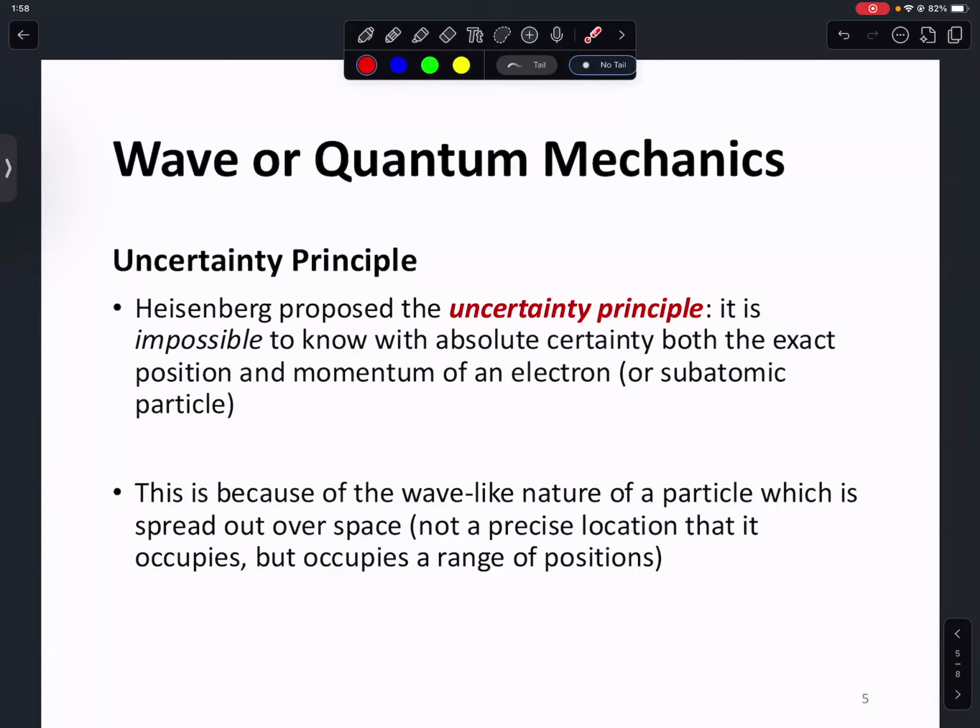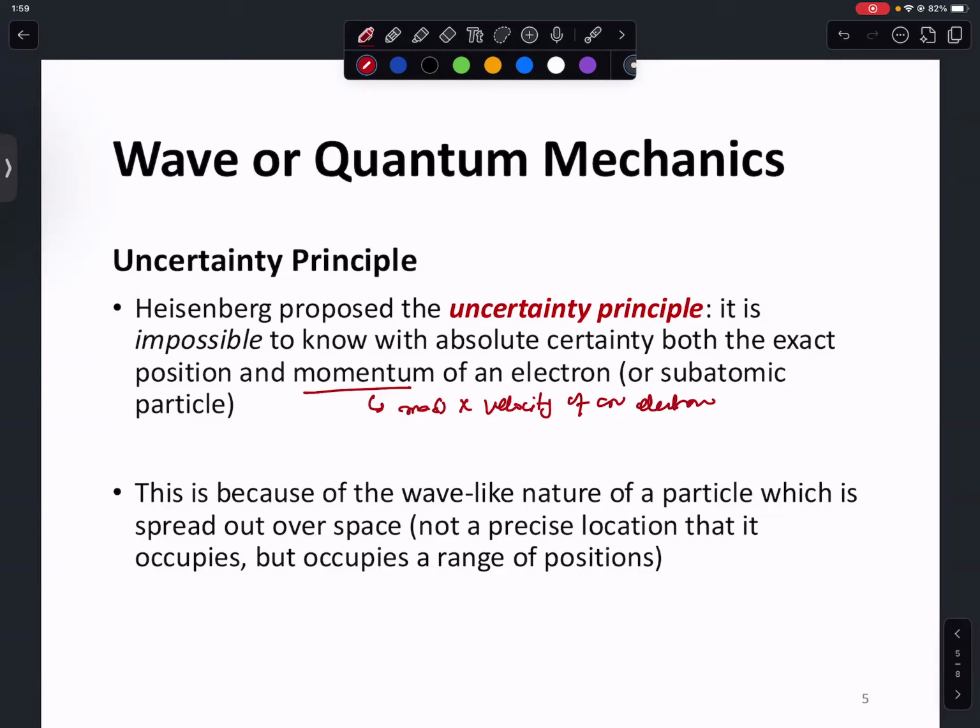The momentum here, which is mass times velocity, of an electron or any subatomic particle. And the reason for that is electrons actually, and subatomic particles like neutrons, etc., have a wave-like nature.